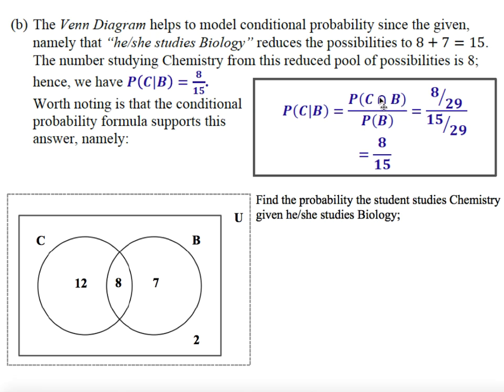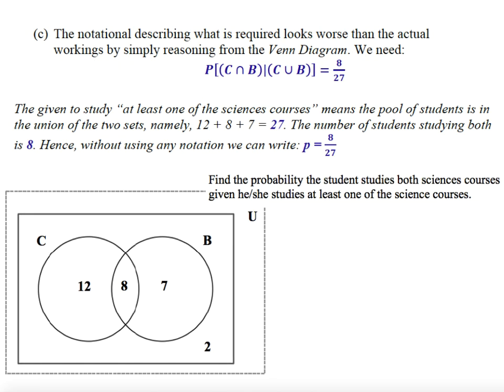So what is the chances of studying chemistry and bio? Well, if you're studying chemistry and bio, you're right here. You're 8 out of the overall 29. And if you're just studying bio, it looks like you are these 15 out of the 29. The 29s cancel, and there's your 8 out of 15. So the formula still holds up.